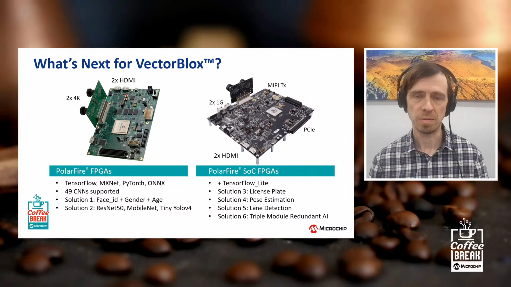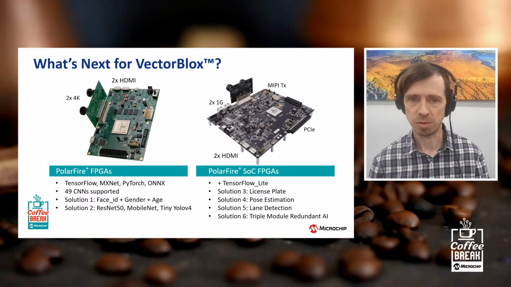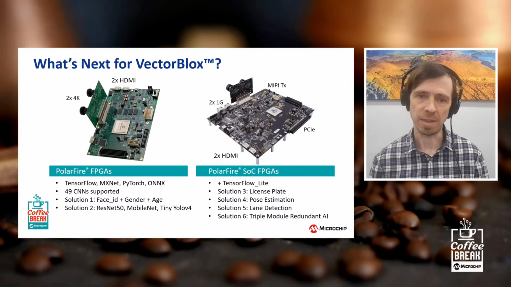This is also an embedded vision kit, and we'll be rolling this out with a lot of updates. Native use of TensorFlow Lite, a bunch of solutions such as license plate recognition, pose estimation, lane detection, and then a version for space with triple redundancy.